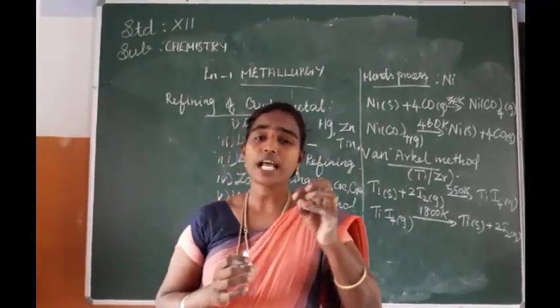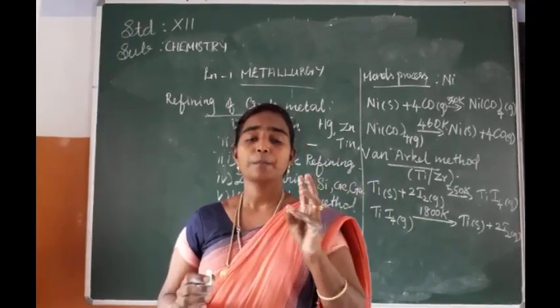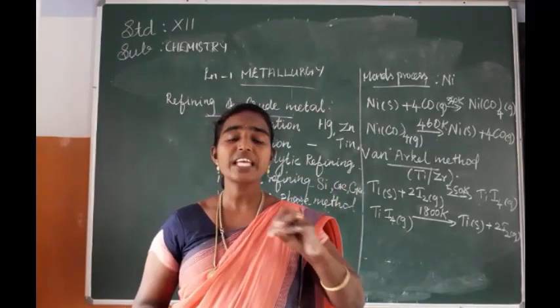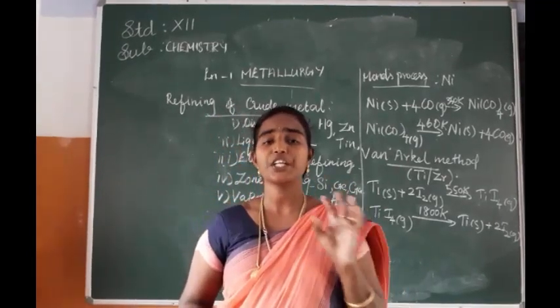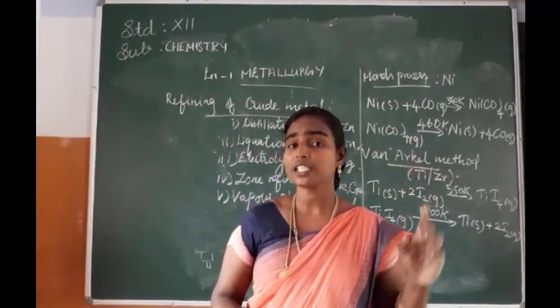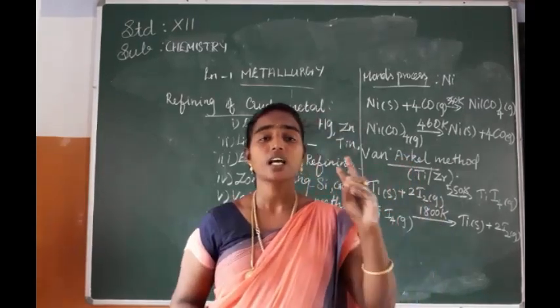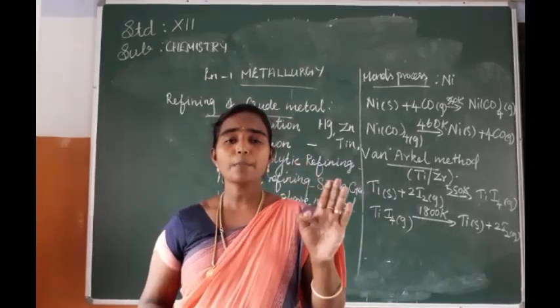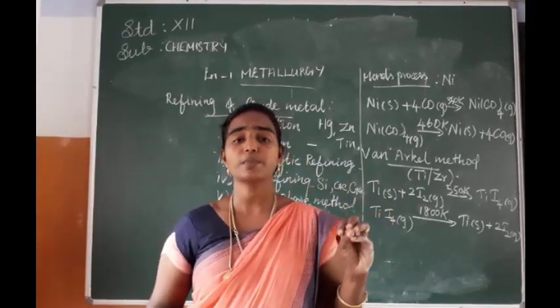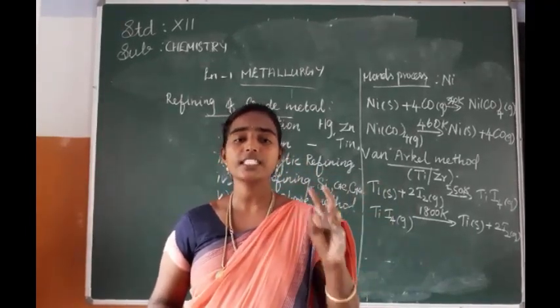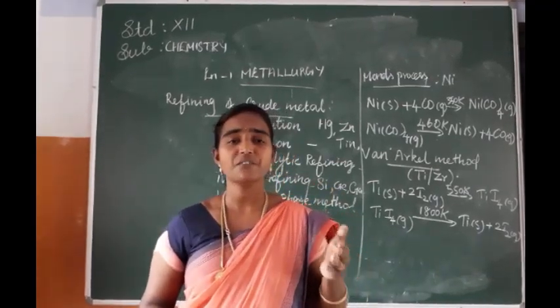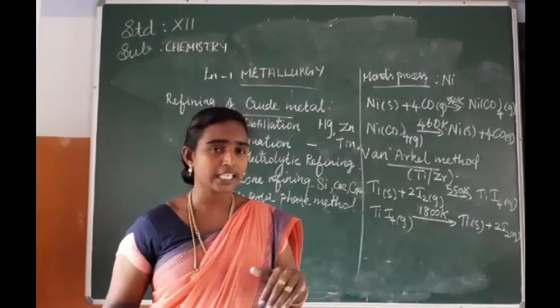Usually for active metals like sodium, magnesium, potassium, we cannot use carbon as the reducing agent. We have already seen reduction by carbon, hydrogen, metal, auto reduction, isn't it? But carbon should not be used for active metals like sodium, potassium, calcium, magnesium. So for such cases, we have to select the reducing agent.